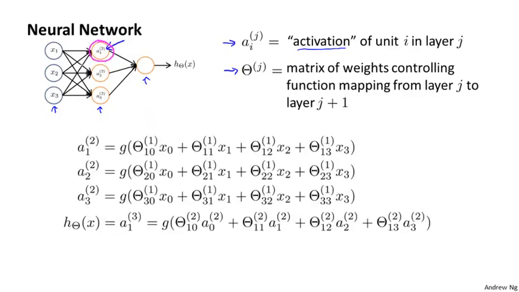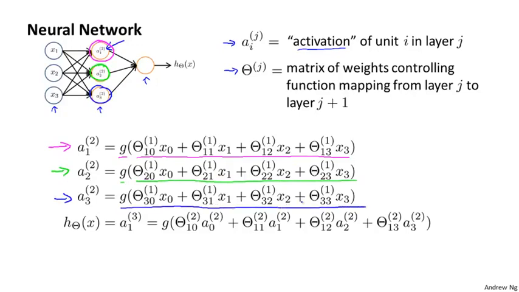This first hidden unit has its value computed as follows: a21 is equal to the sigmoid function, also called the logistic activation function, applied to this linear combination of its inputs. And then this second hidden unit has its activation value computed as sigmoid of this, and similarly the third hidden unit is computed by that formula.